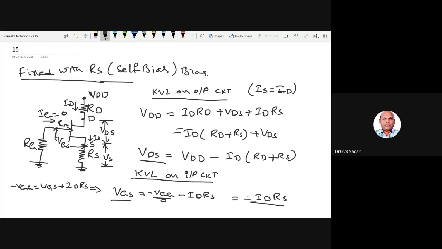As the reverse gate to source voltage increases, the barrier width also increases, because the gate junction is reverse biased. So which decreases the effective width of the channel.